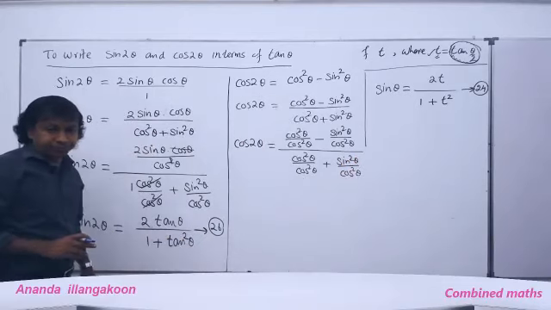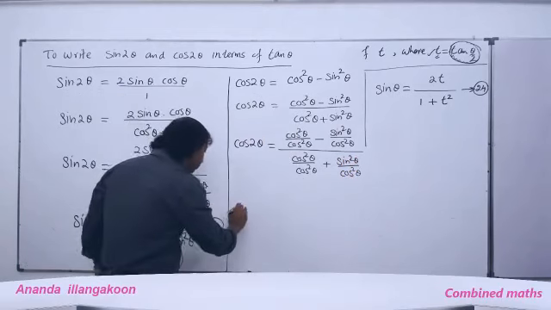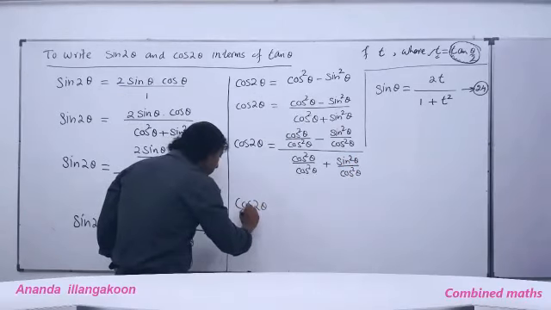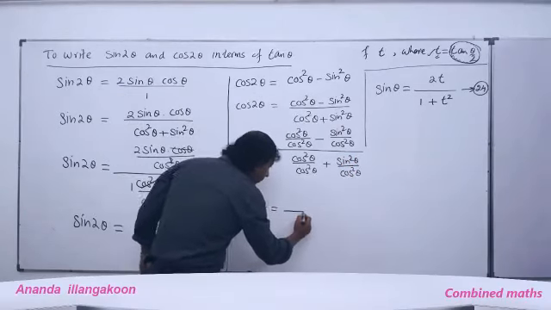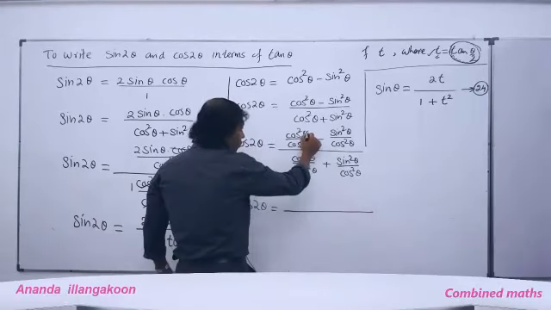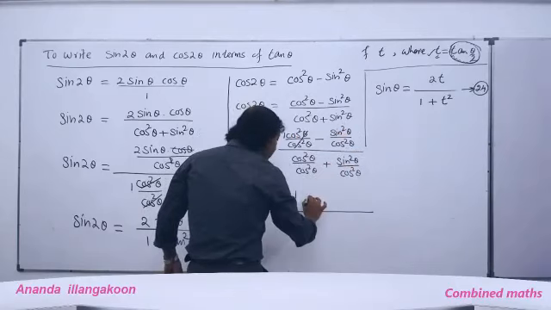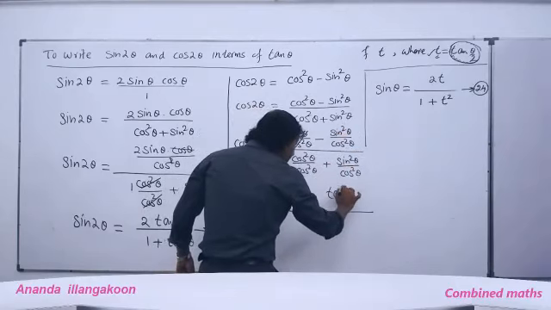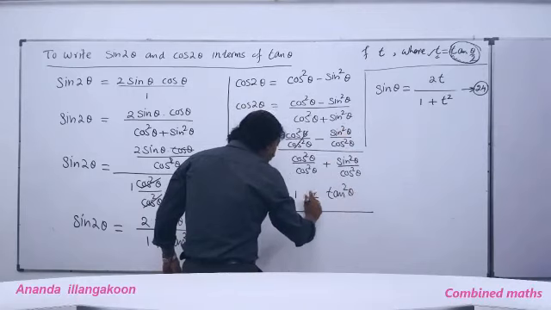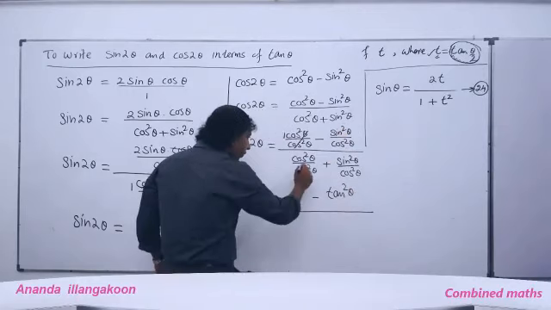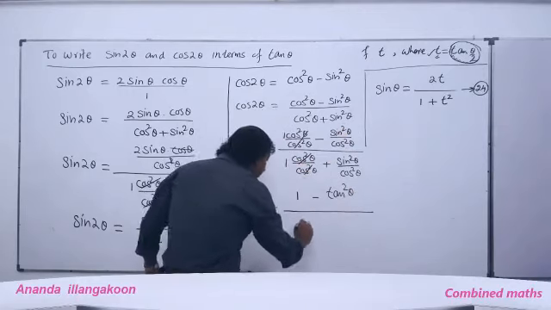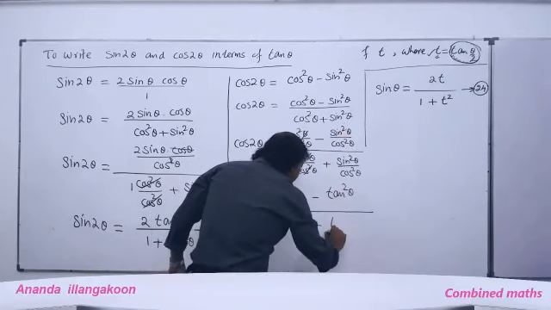Right, now what do you get? So we can cancel down, we get 1. Sin squared divided by cos squared means tan squared. So we can cancel down, we get 1 plus tan squared.